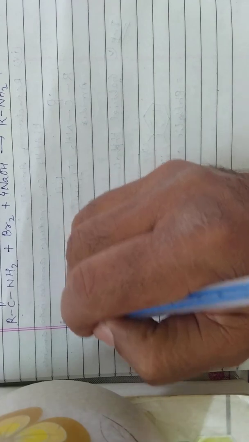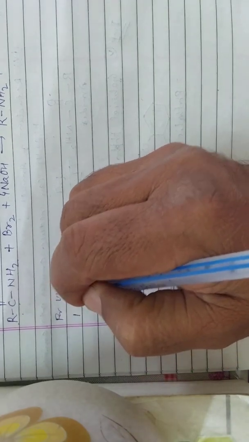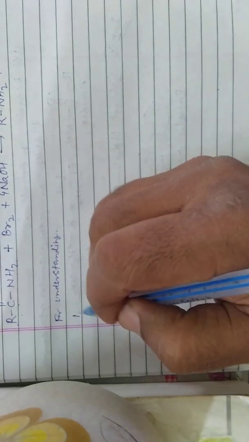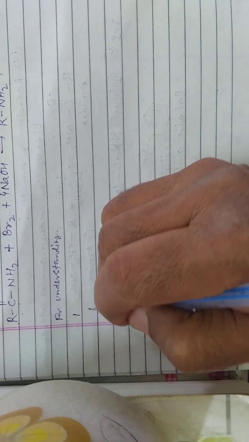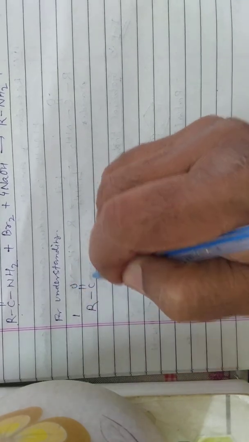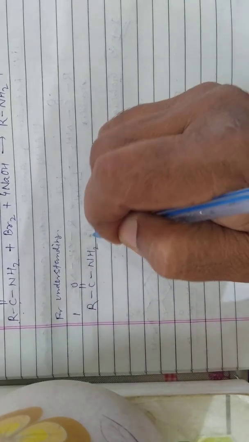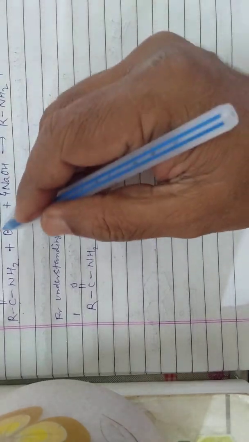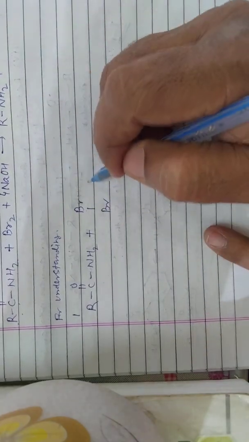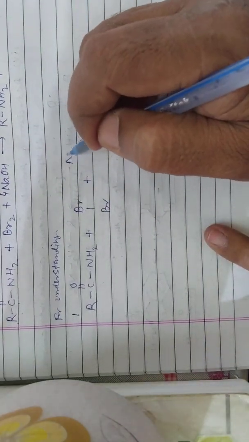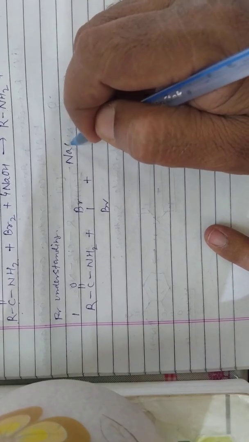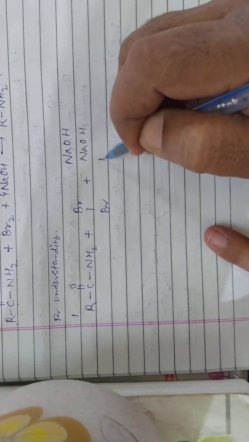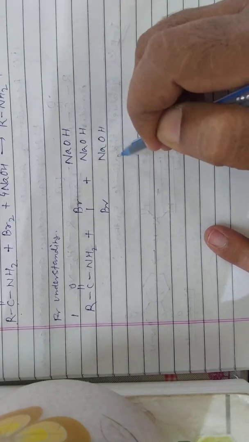This is for understanding. RCONH2, Br2, with 4 NaOH.